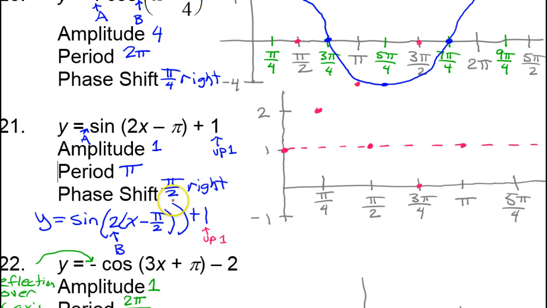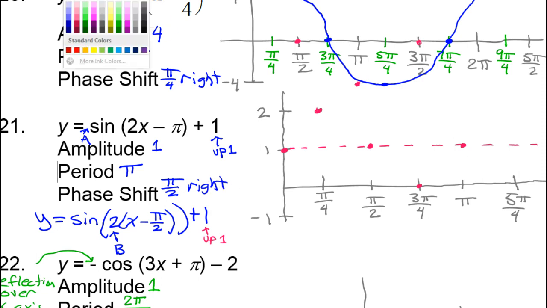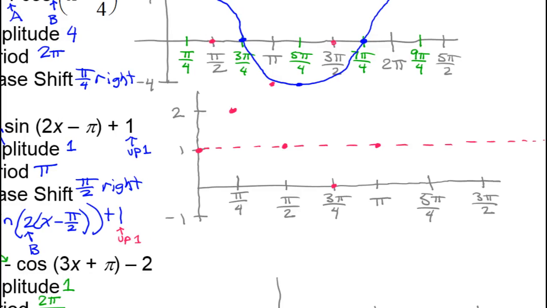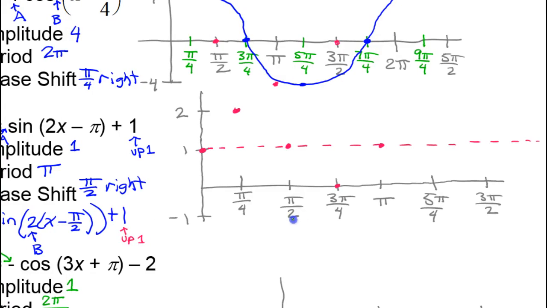However, there is a phase shift of pi over 2 to the right. Now, as I do this phase shift of pi over 2 to the right, notice that pi over 2 is a value that is on my number line. That makes it easier to see that pi over 2 is this distance.